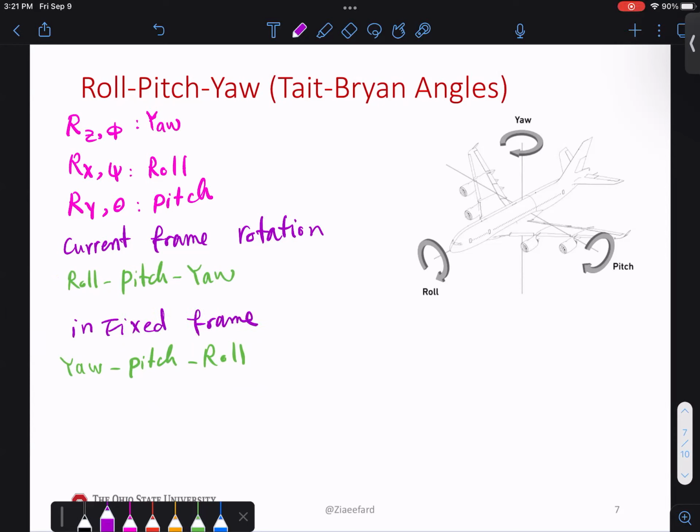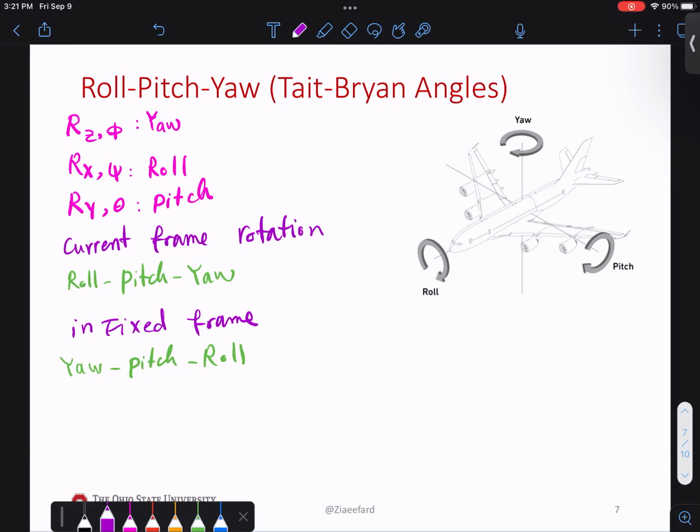Now, again, you can't write a combination. You just need to remember if you are doing fixed frame, you pre-multiply. If you're doing current frame, you post-multiply them, right? So your roll is about x-axis, Rx psi, then your pitch is about y-axis, Ry theta, and your yaw is Rz phi.